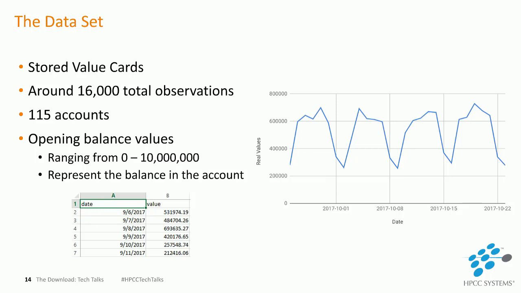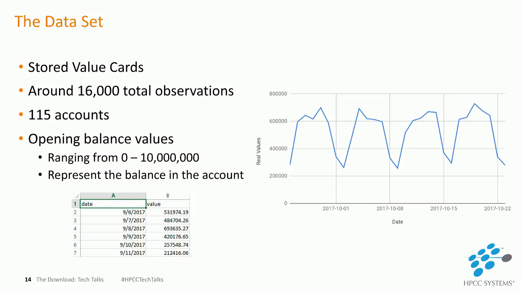With this in mind, let's take a closer look at the data set we have worked with for this project this semester. So our data set was called Stored Value Cards. It had around 16,000 total observations with around 115 accounts. It had two columns of data, making it a time series. It had a date, which would take it at daily intervals, and a value on each of those days.